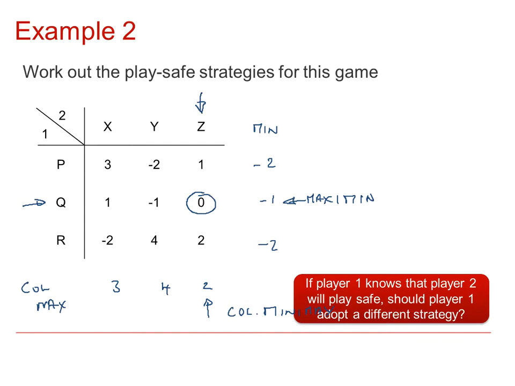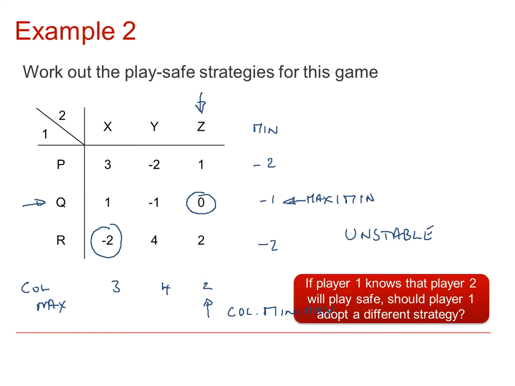Or, knowing that player 1 might change to R, if that happens and I happen at the same time to switch to X, we might end up here. So player 2 would then gain 2 units. So we have here what's called an unstable situation, where there's some gain to be made by changing from the play safe strategy for each player. So then we have to decide how often we swap. So this is termed an unstable situation.